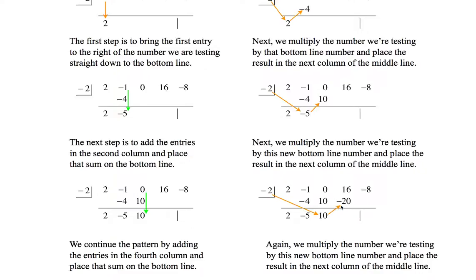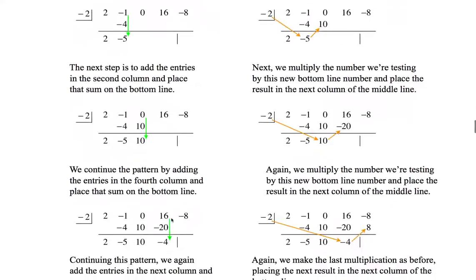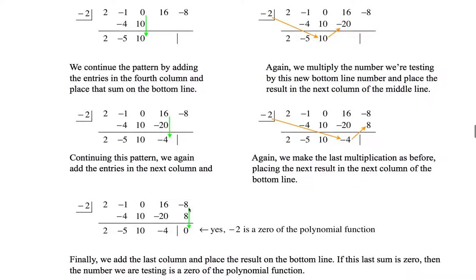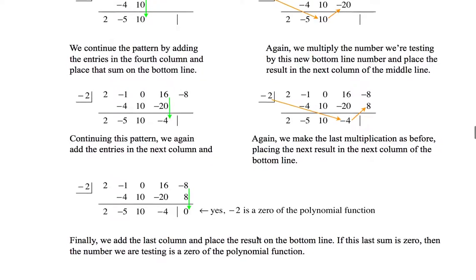We place that here below the 16, and then we add that column. -20 plus 16 is -4, and then we finally multiply -2 times -4 to give a +8, and we add the -8 and the 8, and we get a 0. If we get a 0 down here in this last entry, then yes, -2 is a 0 of the polynomial function.